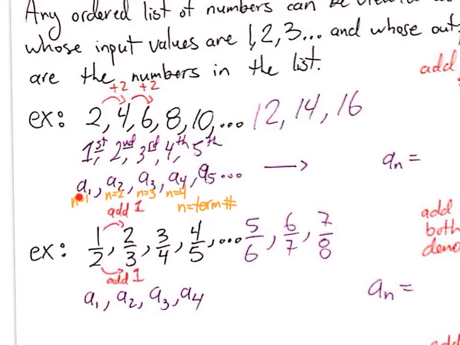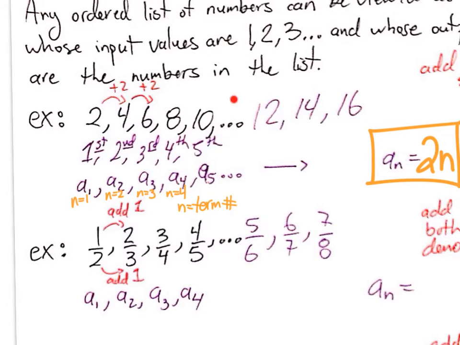So do we see how when n equals 1, the value of the term is 2, and when n equals 2, the value of the term is 4, and when n equals 3, the value of the term is 6, etc. So hopefully you're seeing this pattern that if we take n and multiply it by 2, we get the value of the term. So fifth term is 10, sixth term is 12, seventh term is 14, eighth term is 16.